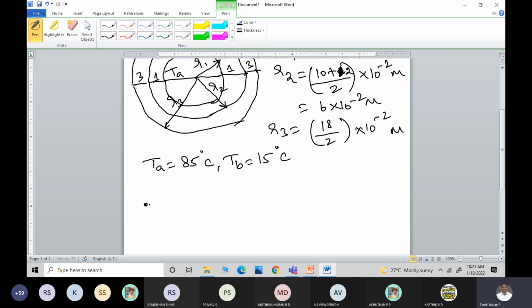So we will be having TA. See, try to draw this, then only it will be easier for you to understand.